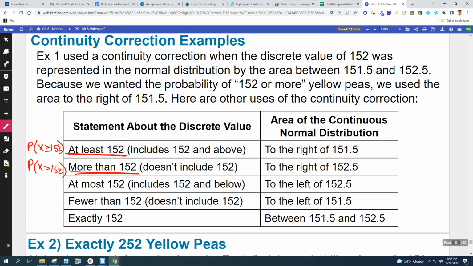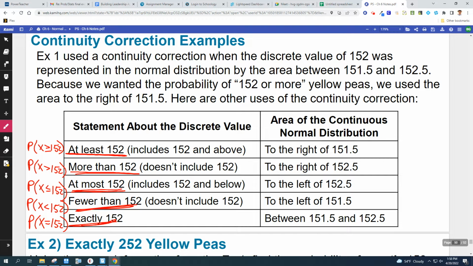If they say at most 152, that would be less than or equal to 152. If they say fewer than 152, then take out the equals. If they say exactly 152, that's just an equals. There's only those 5 things that could have possibly happened. They asked us the first one, but they could have asked us any one of those 5 in this problem.